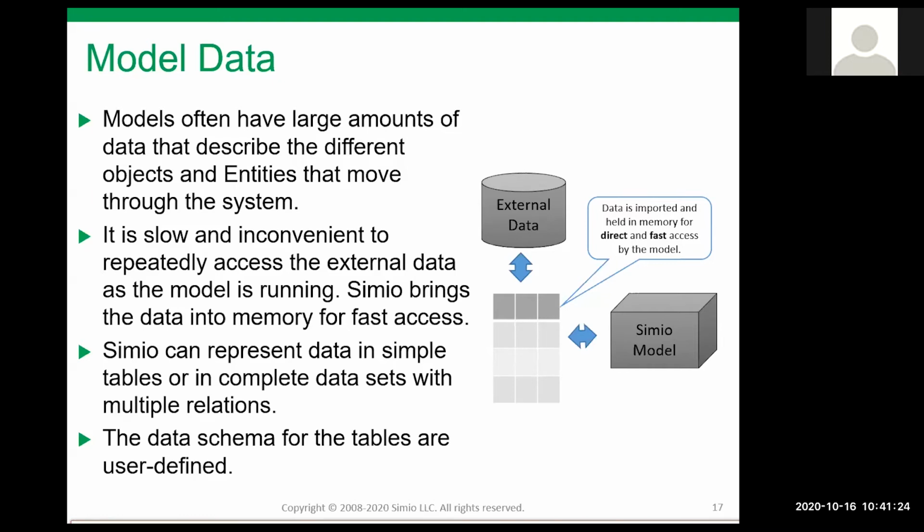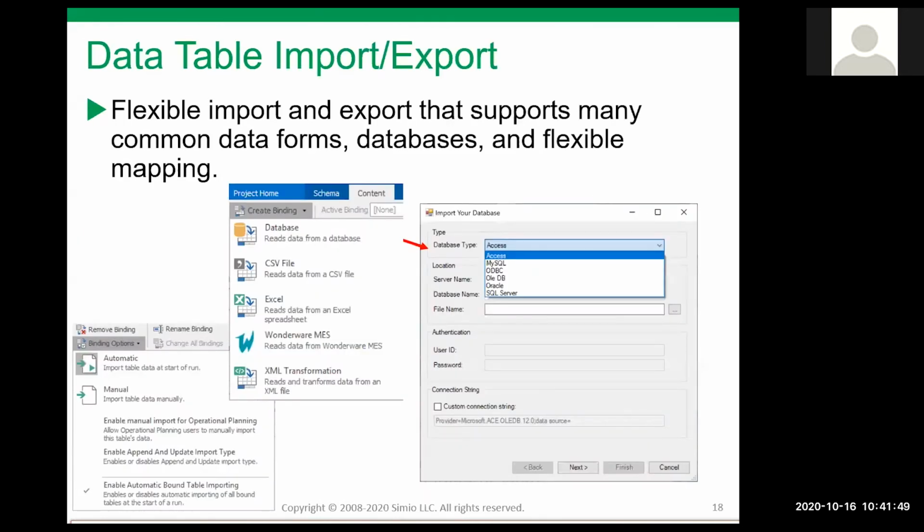So we don't put any constraints on how a table is designed. So if you want a table to exactly match your external data to facilitate import and export, you can do that. If you want to transform your external data into something that is a smaller subset and easier to use in Simio, you can do that as well. But the fact that it's user-defined is significant.